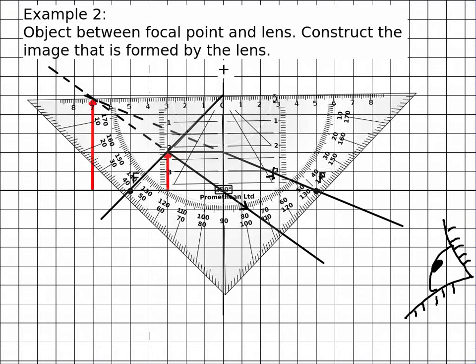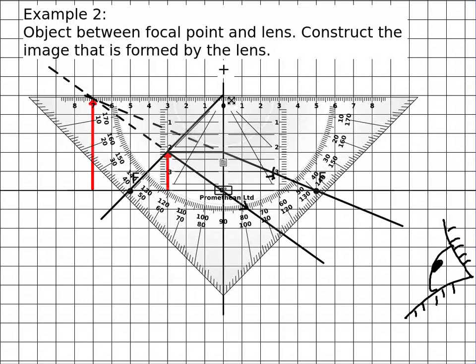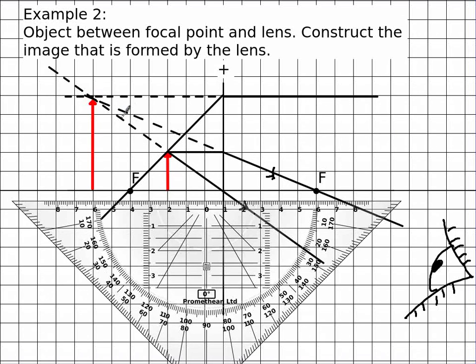Now this ray of light parallel to the principal axis will appear to be coming from this direction, and you can see that if you create a dotted line, you will reach the same point where the other two principal rays appear to be coming from.